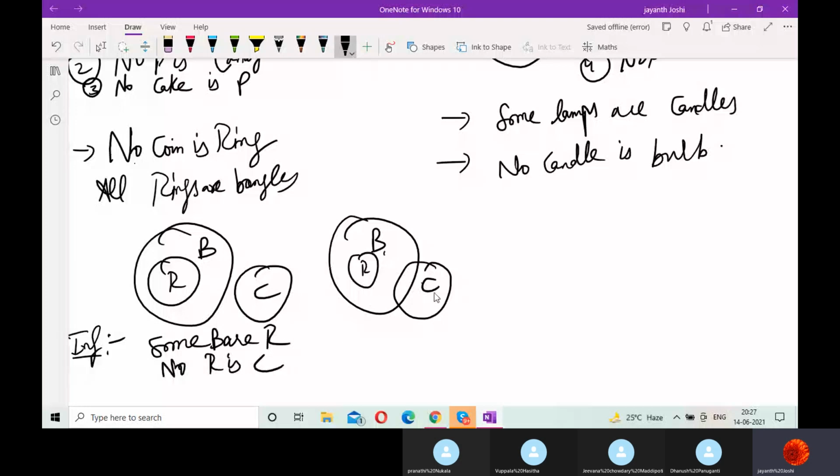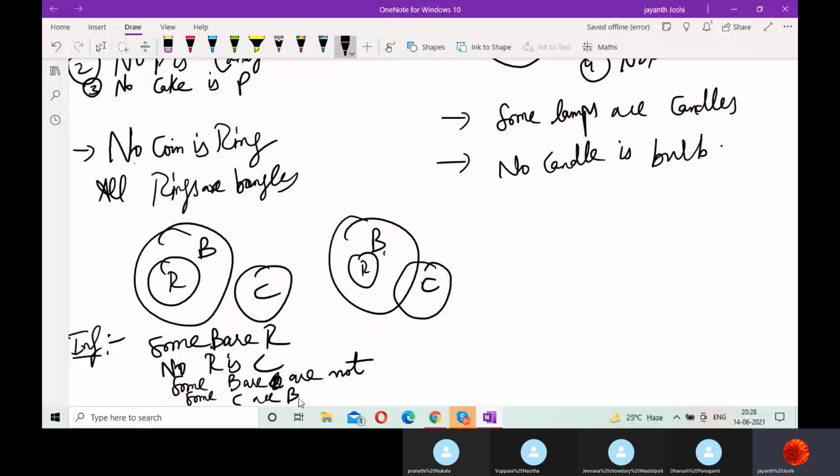See, some bangles are coins, some coins are bangles. All of you make a note of this. Some bangles are not coins, but some bangles are coins.